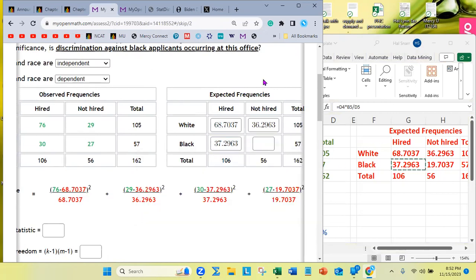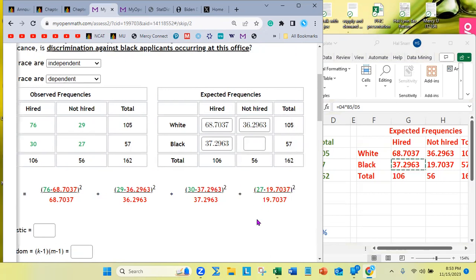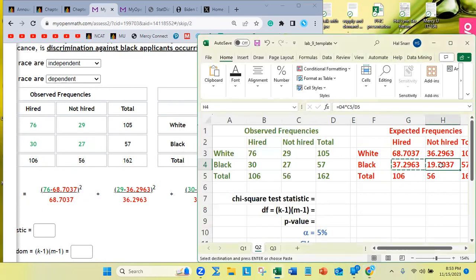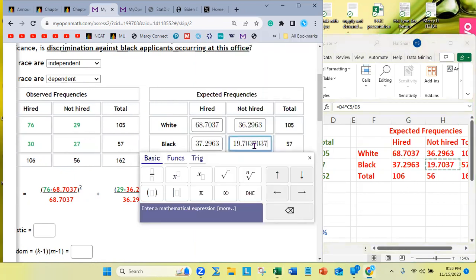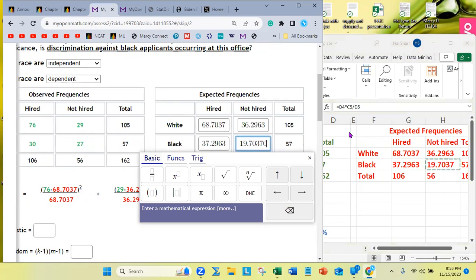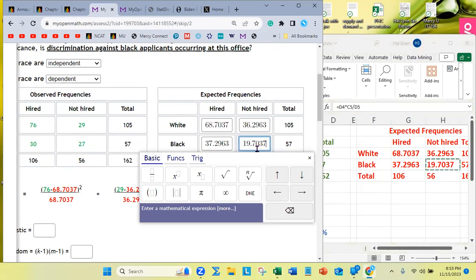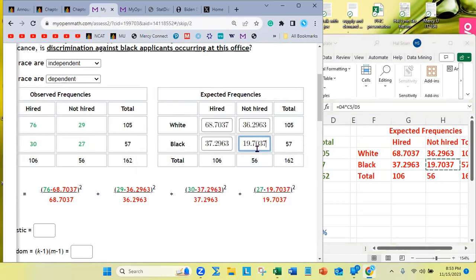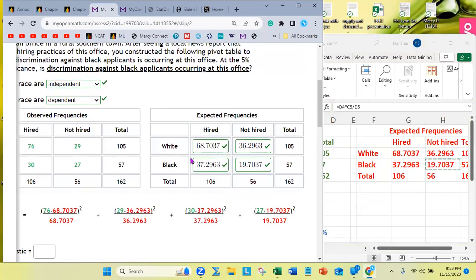Okay. And then the final one is 27. This is the black and not hired applicants. And its expected frequency is 19.7037. And then we use 4 decimal places. I'm going to hit enter to make sure those are all good. So those are all good, right?